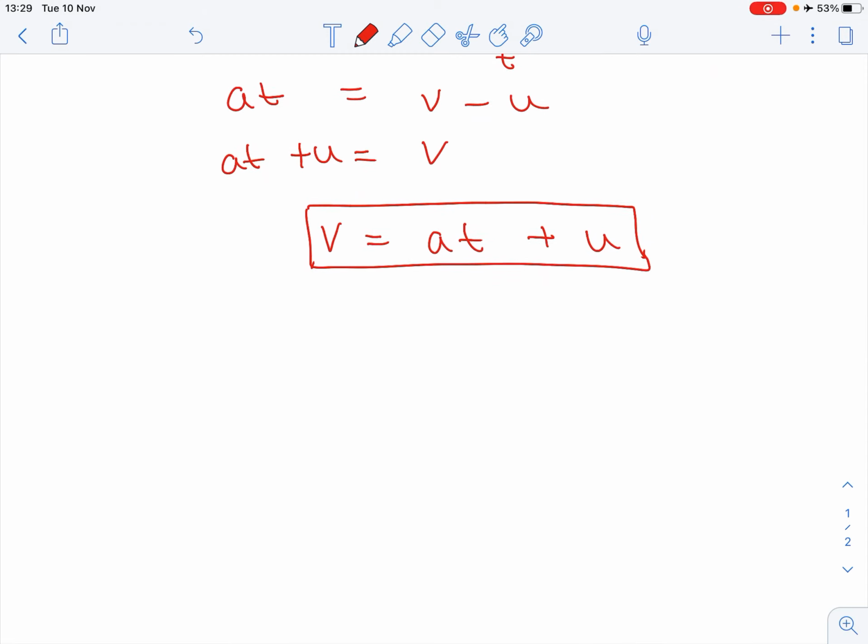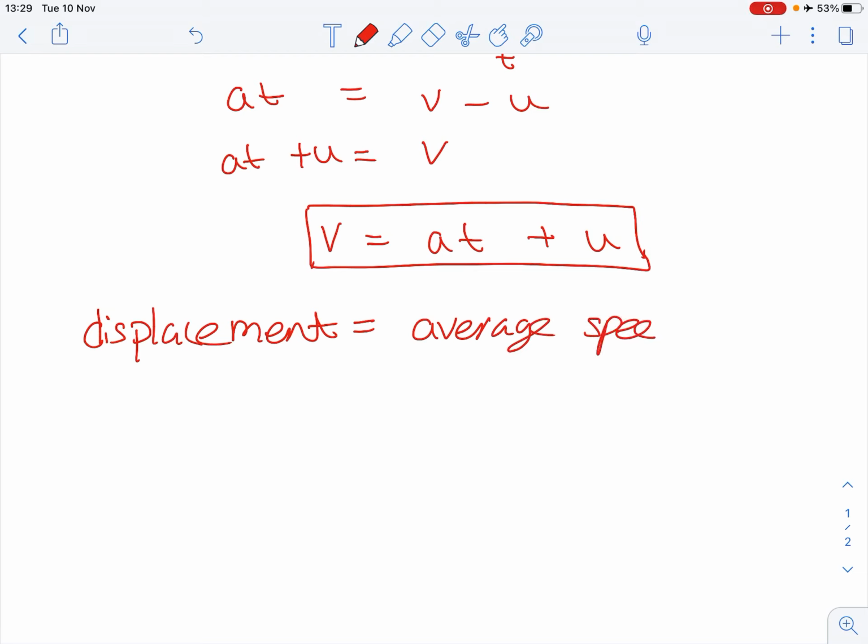To find out your displacement, you've got to do your average speed multiplied by time. So your S stands for displacement.